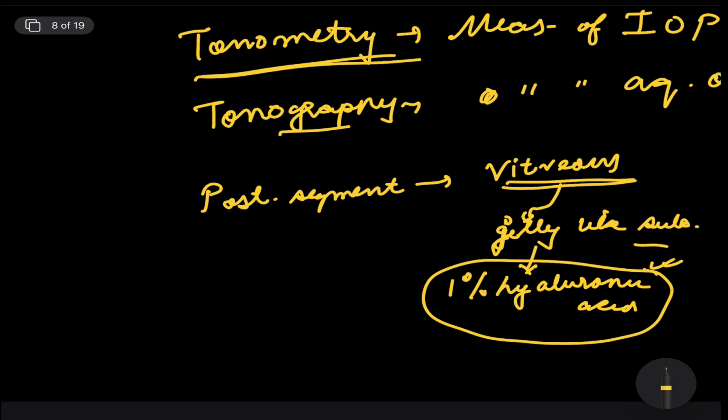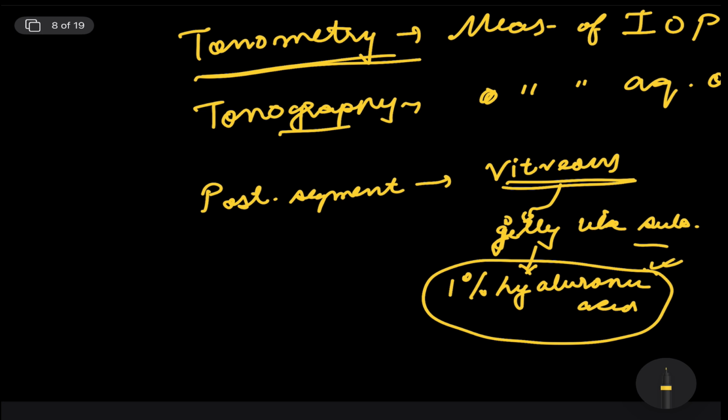We'll talk about the sclera, the cornea, the limbus, their different pathologies. Then we'll talk about the uvea, the iris, the ciliary body, the choroid. Then we'll talk about the retina and its pathologies. And retina is going to be like a completely different section itself. Very, very important, very, very interesting.